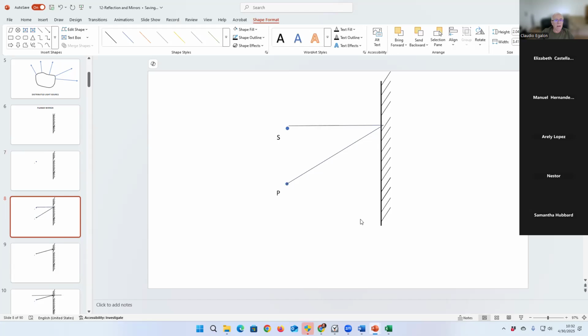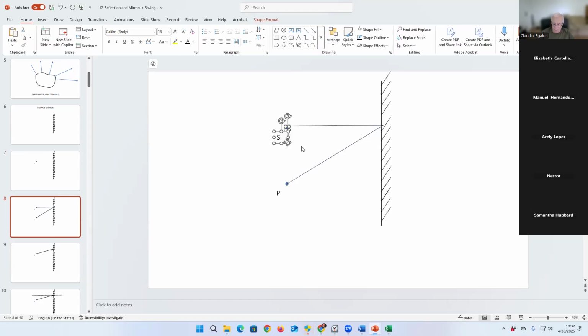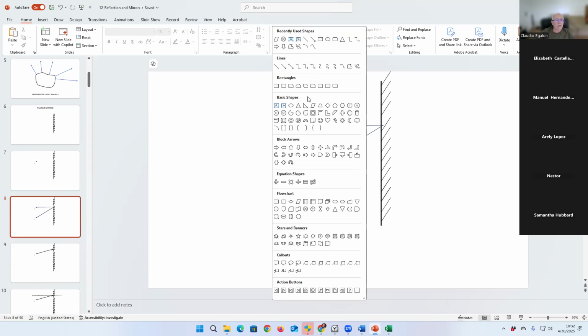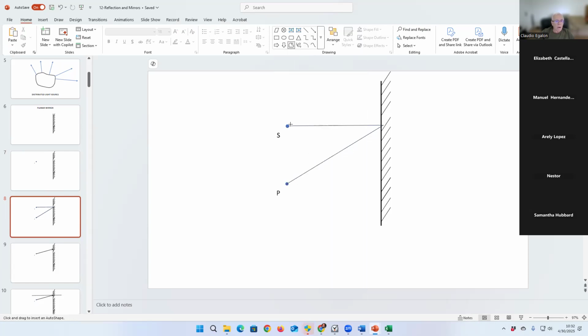Or the light ray could take another, different path from here to here, right?